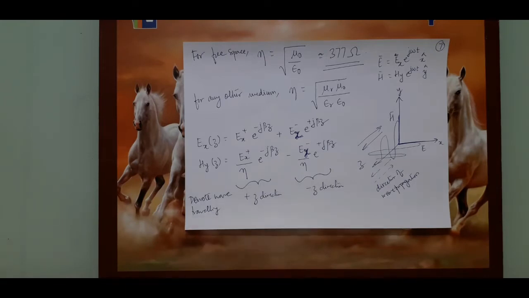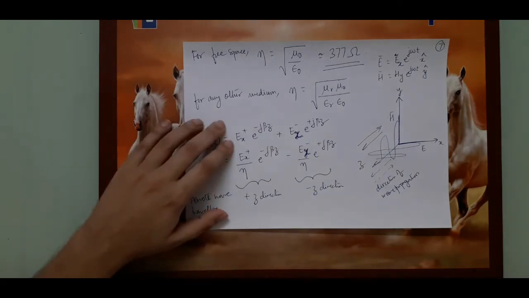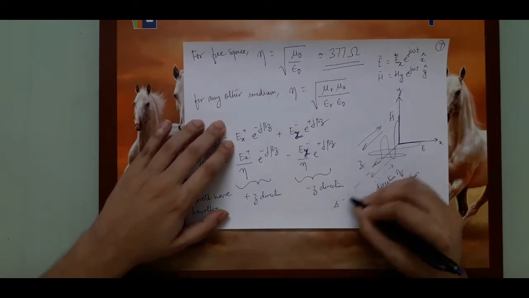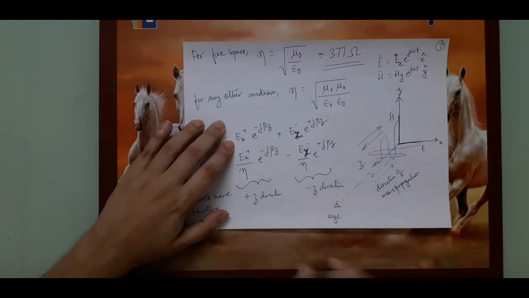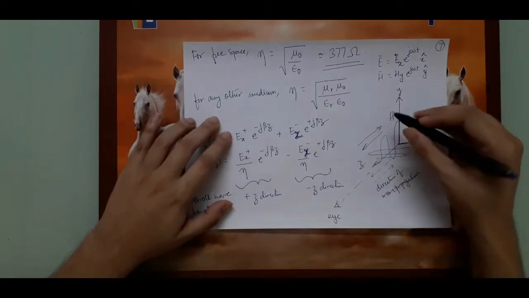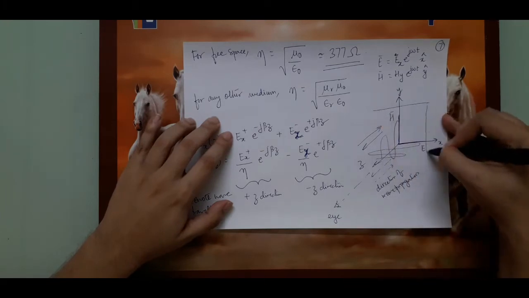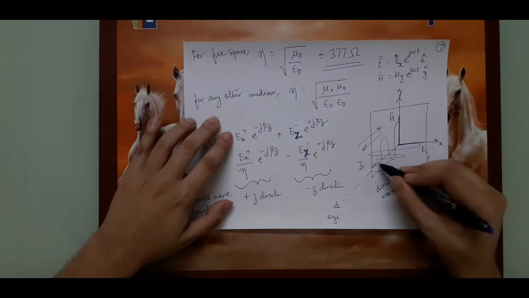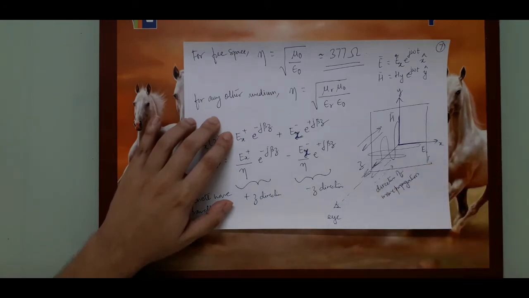Now remember what we had called this wave. We had called this wave a uniform plane wave. Because if you place your eye over here and look at the wave, it seems as though the electric and magnetic fields are oscillating on the xy plane while the wave is traveling along the z-axis.